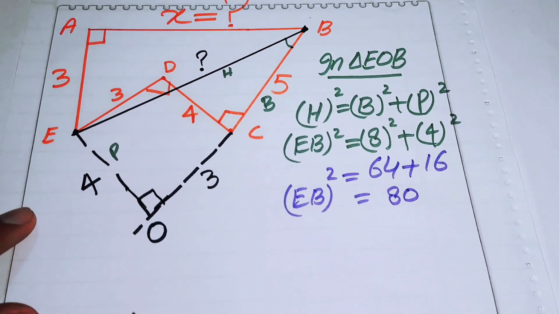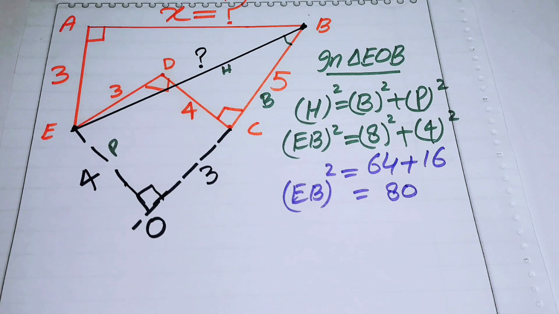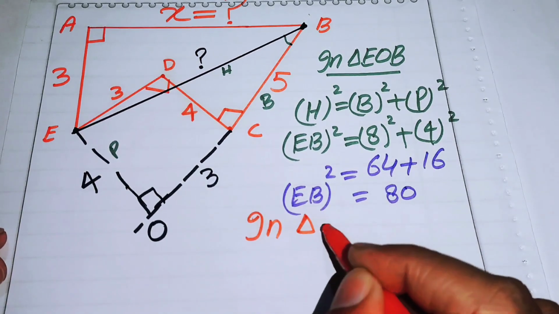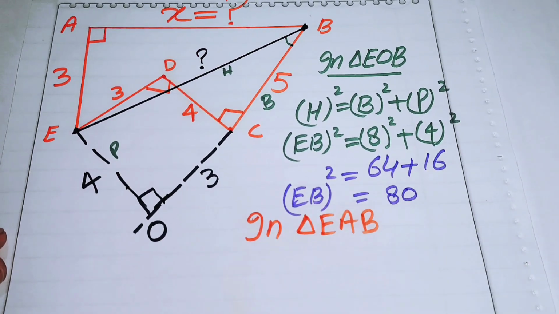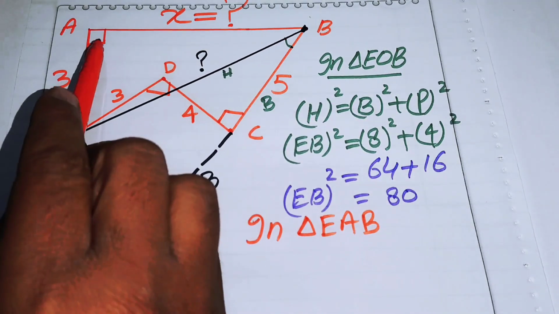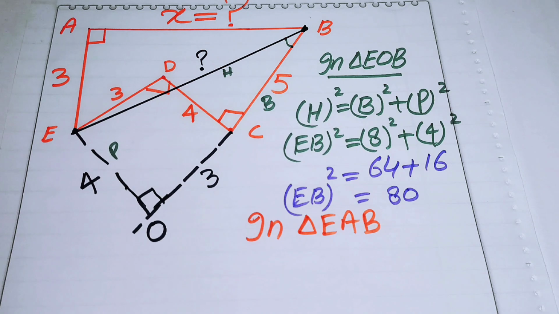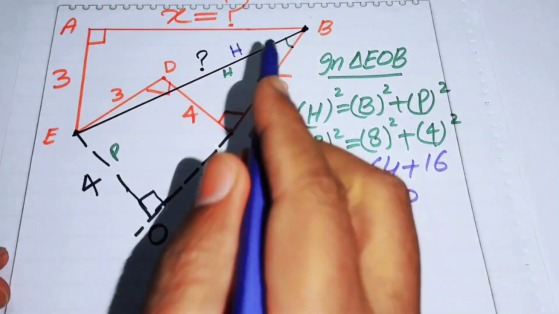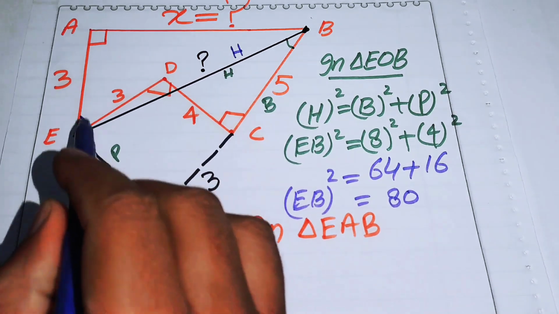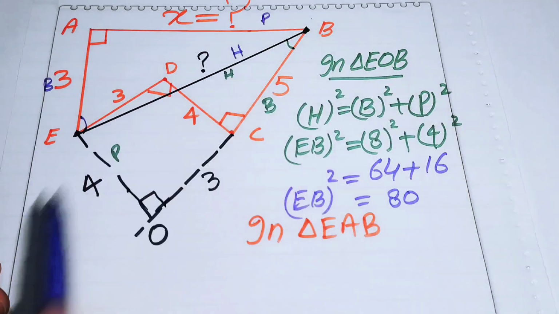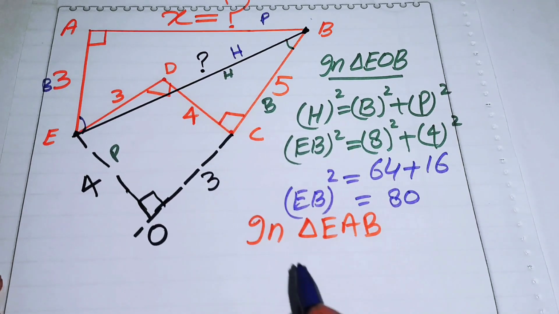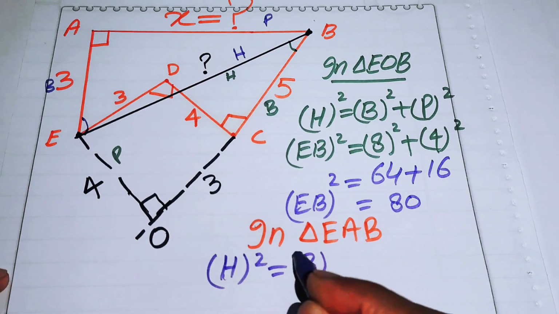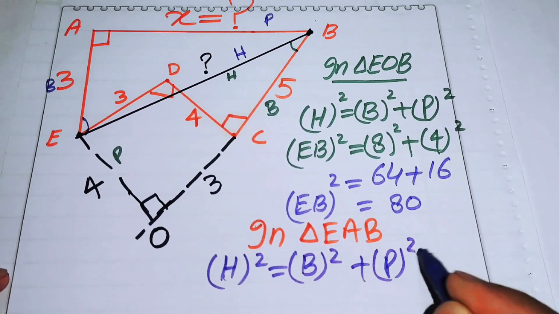Now we will focus on the right triangle EAB. In triangle EAB, this is the right angle, so EB is the hypotenuse, this is the base and this is the perpendicular. Again we use the Pythagoras theorem: hypotenuse square equals base square plus perpendicular square.